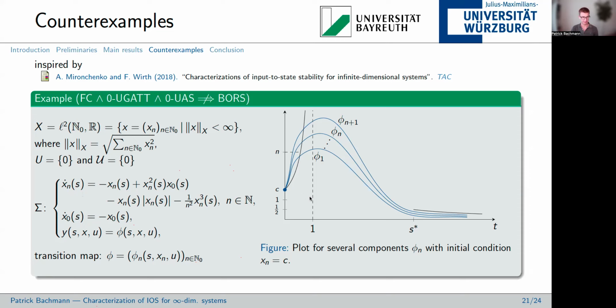So what is happening here? With each component, we are having a bit more of a singularity. So basically, when increasing the component, we are converging to a singularity at 1, and after some time, we are in a locally attractive neighborhood of 0.